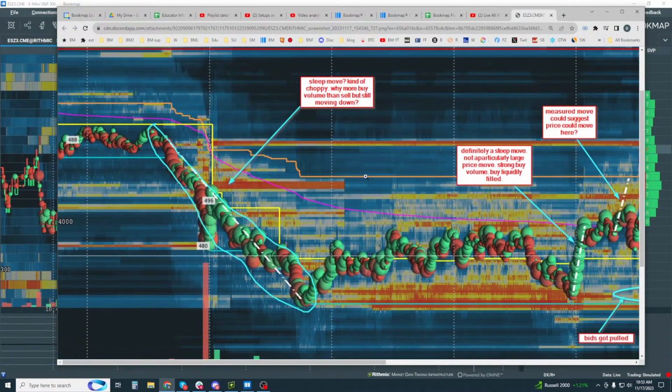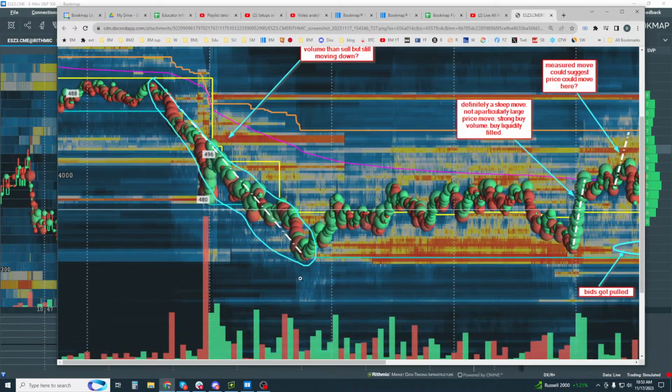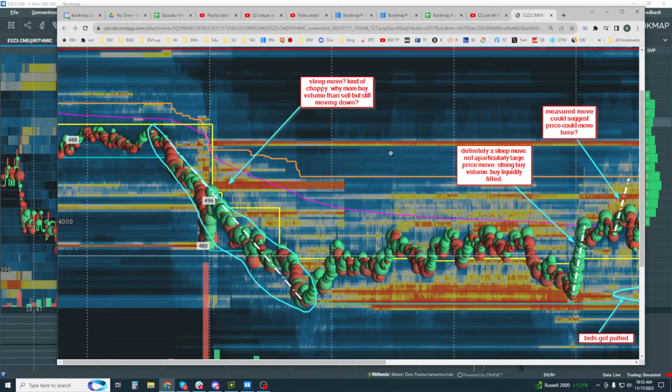Yeah. See, reading these moves in here, this is an odd one, like we said. Look at all that buying in here as well. But you're looking for these strong moves: the steep move, the angle has to be steep. You're looking for strong, consistent sell volume through this move, though, right?